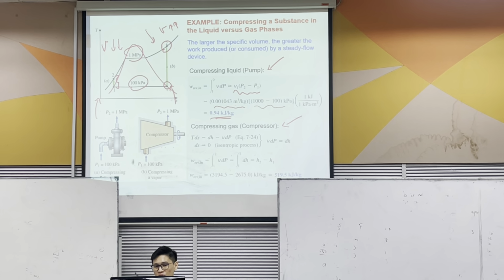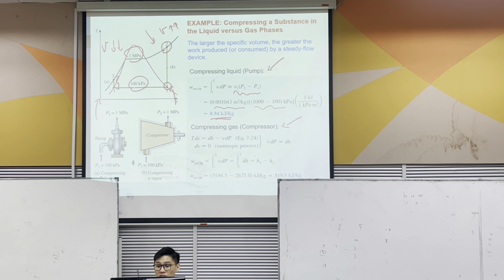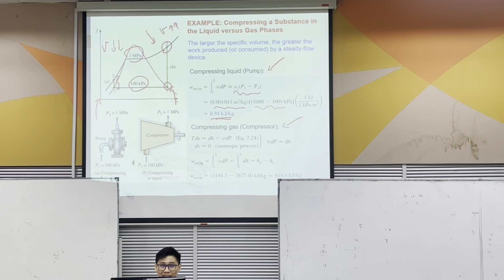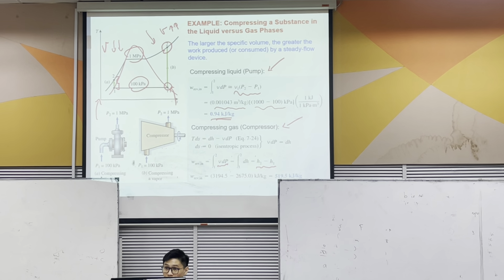So what we usually do here is find the change in the enthalpy. In a similar way to when you did calculations for your lab, we assume the work change and the heat change to be the change in the enthalpy, right? So here we do the same thing. Instead of using V delta P, we use H2 minus H1. And we get the H value from the table.